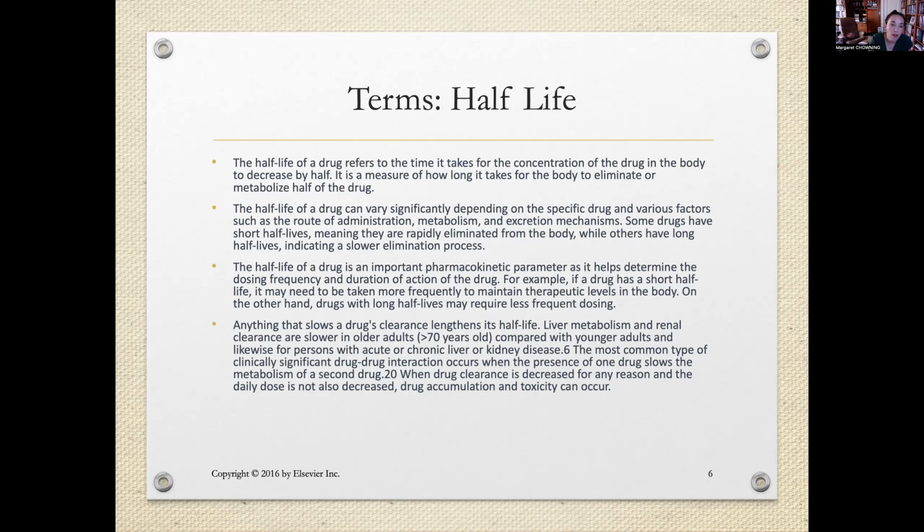The most common type of clinically significant drug-drug interaction occurs when the presence of one drug slows the metabolism of a second drug. So if there is a drug that's affecting how you're eliminating another drug, you're going to have both drugs in your system, possibly by accident, right? That's why what they call medication reconciliation in home health becomes important.